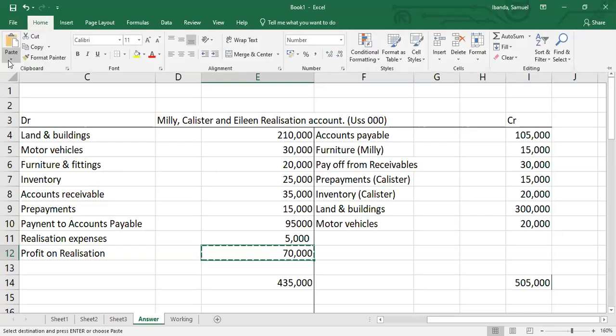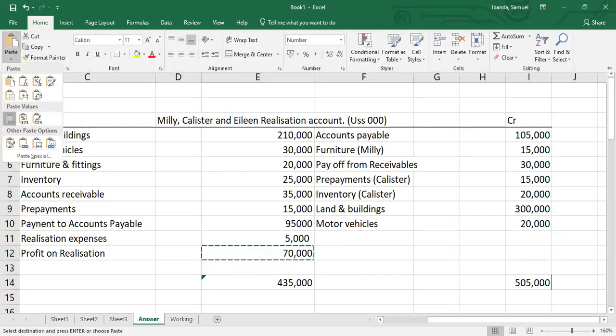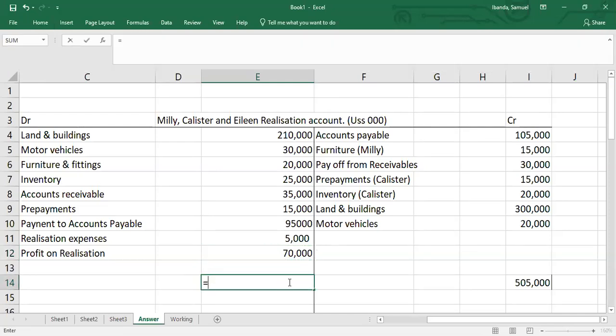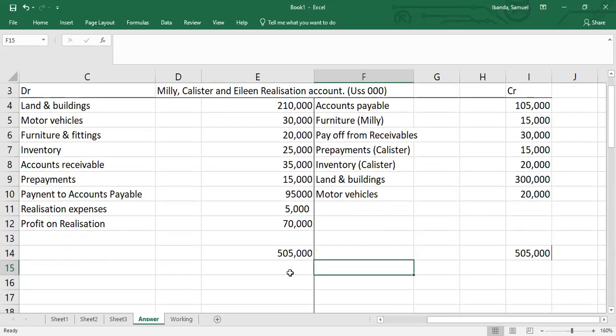So you have a profit on realization of 70, because this account has to balance with each other. So both sides now have that, and it doesn't have a balance brought down. So this is a profit on realization.